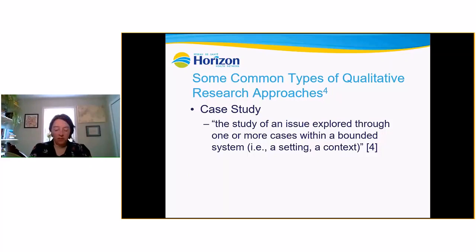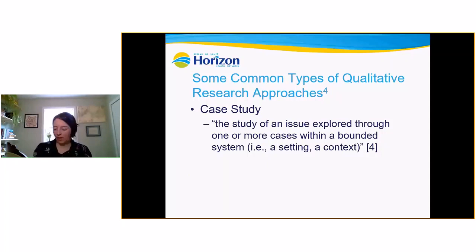You can also do narrative analysis as well, which I'm not going to get into, but it's very interesting as well. And so these give you an idea of some of the different ways that you can approach your qualitative research project.